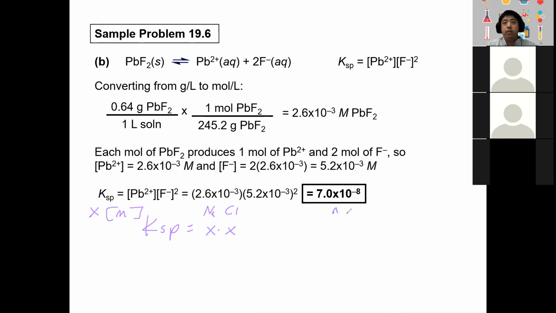If I had, just as we mentioned before, MgCl2, this would just become KSP is equal to your X, and this one is not X anymore, it's 2X, twice the amount, and then it is squared. So that is how we go ahead and solve it for our value of X. And then it goes onwards and onwards and stuff like that. If I did, once again, AlCl3, this would just be your X, this would be 3X, and then this would be cubed. Any questions?